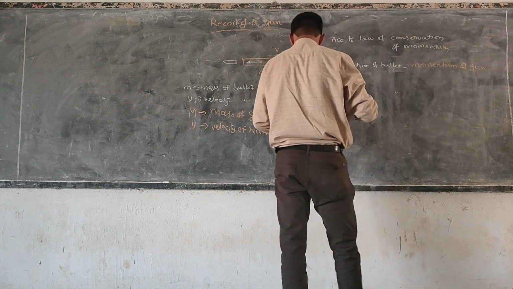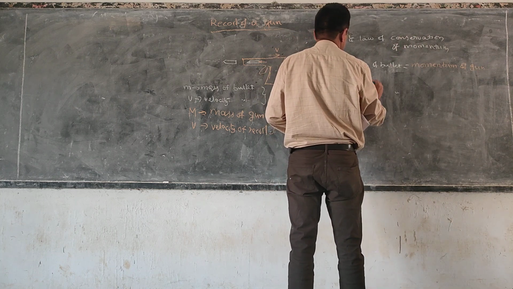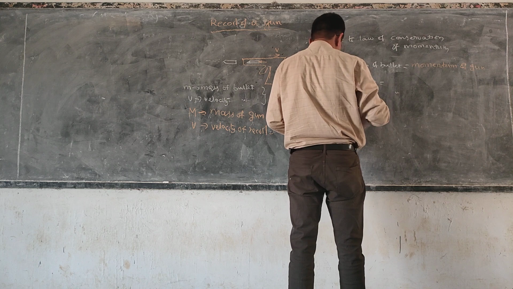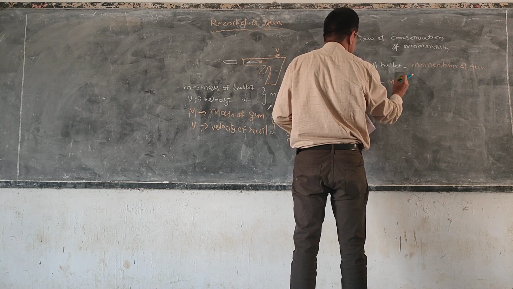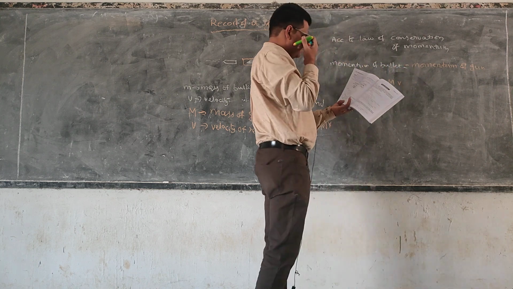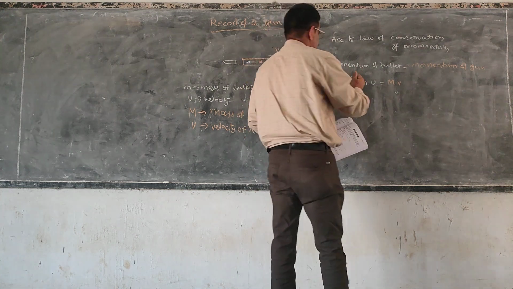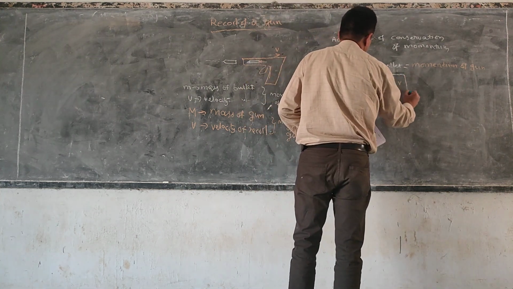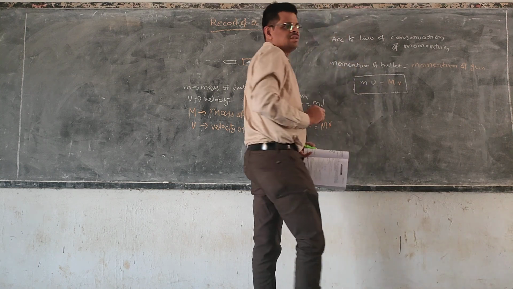So from this you can write it like this: small m into u is equal to capital M into V. By using this equation, you can determine whatever is required.